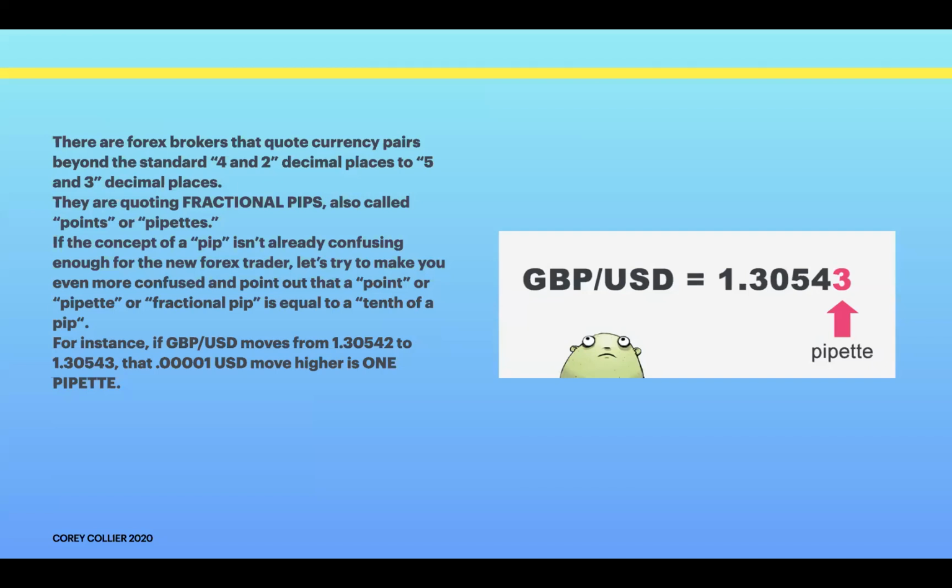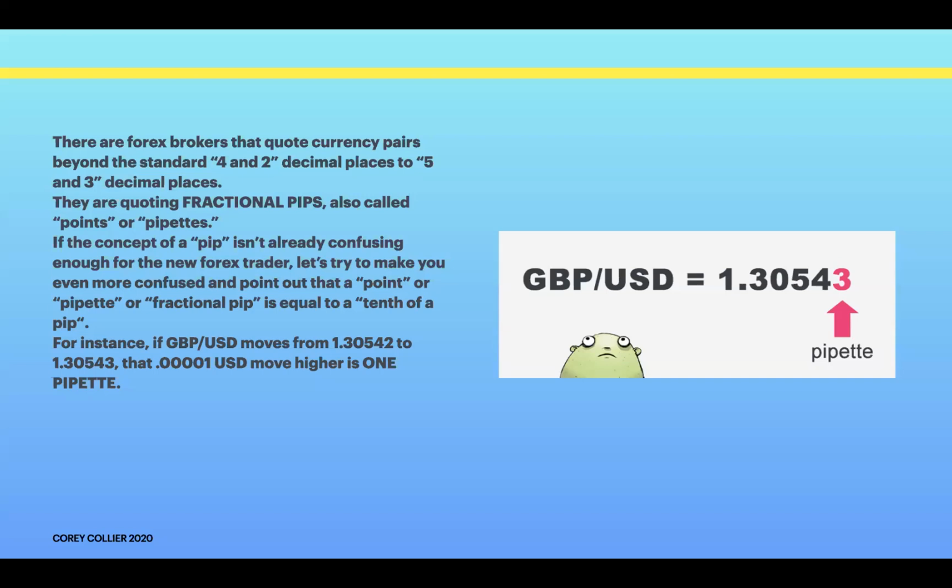They are quoting fractional pips, also called points or pipettes. If the concept of a pip isn't already confusing enough, let's make it even more confusing by pointing out that a pipette is equal to 1/10 of a pip.